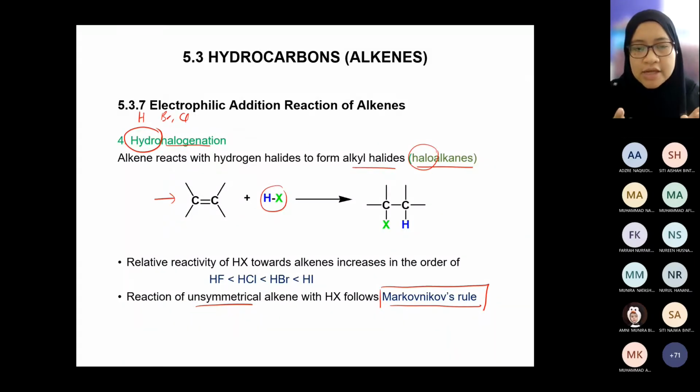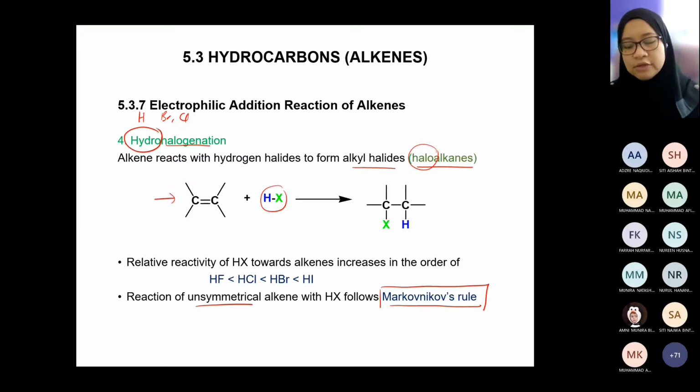When HX is added into an unsymmetrical molecule, dia ada 2 probability dekat situ. Dia boleh masuk this carbon and it can also be added to the adjacent carbon. But it depends on the preference. So this preference is stated in Markovnikov's rule. Kita kena follow this rule.